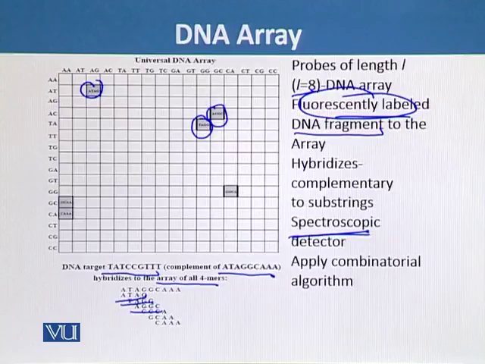By using all types of 4-mers, we can say which ones hybridized with the target sequence, and we can detect which probe is binding with which DNA fragment. Using this technique, we can detect the sequence and the location of the probe that is binding with the DNA fragments.